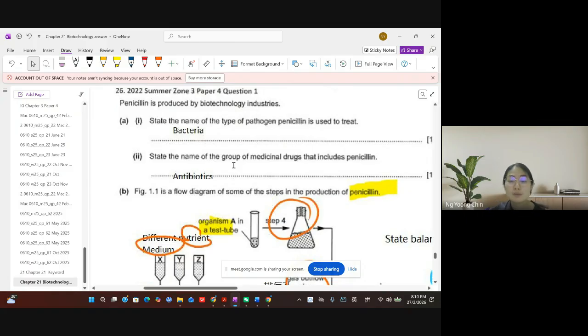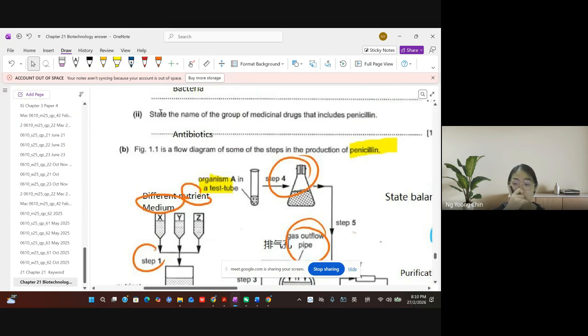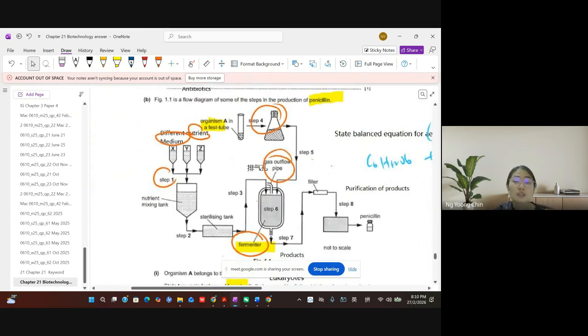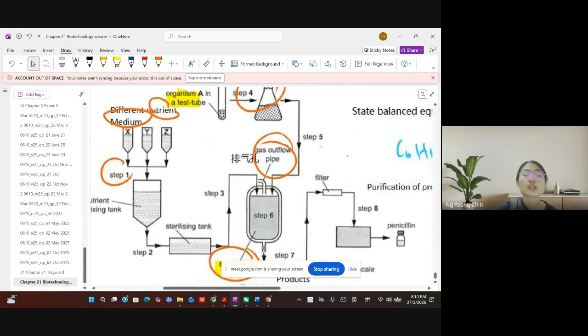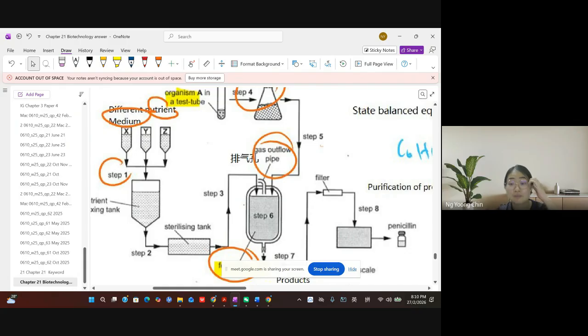State the name of the group of medicinal drugs, right? They include penicillin, which is an antibiotic. And then this is the production of penicillin, which in real life, a company making some new product actually does it this way. It is similar, step by step.